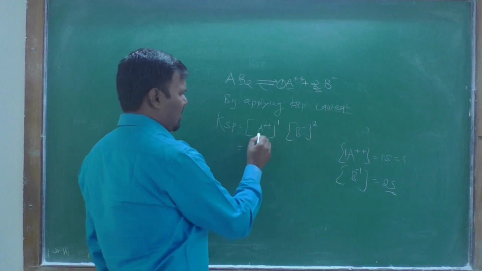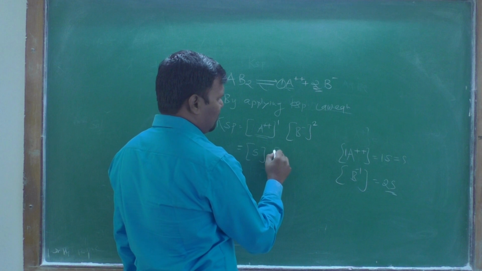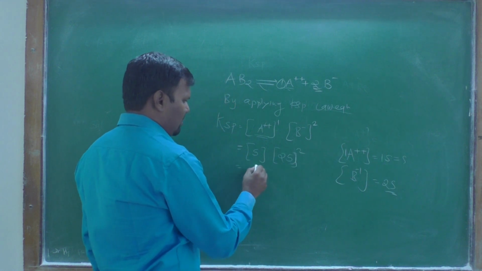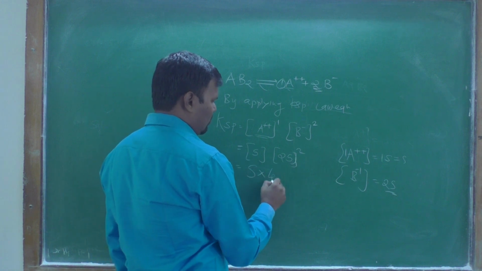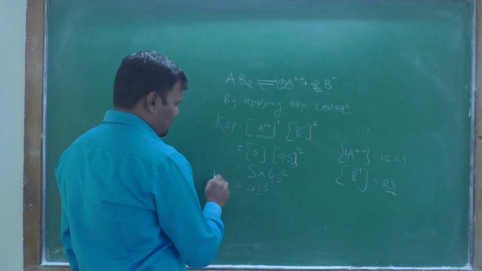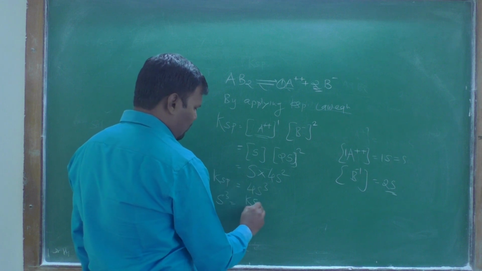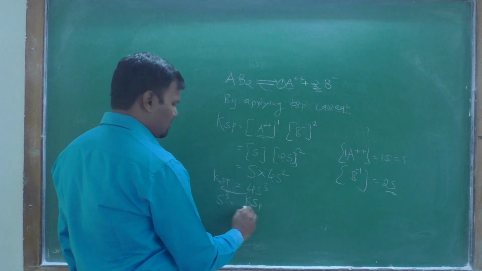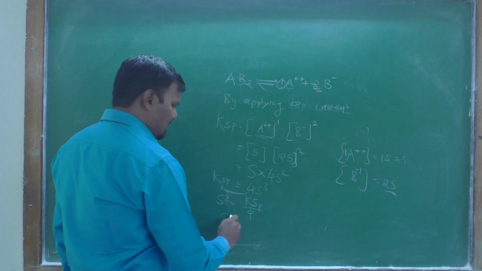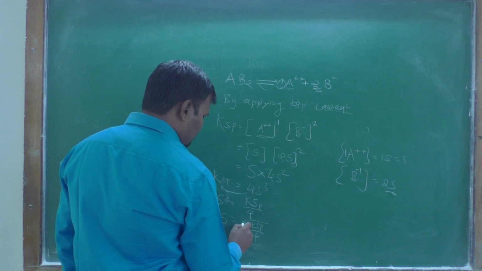By putting this, the solubility of A++ is S and of B- is 2S squared, therefore it is 4 into S square, so 4S cube equals Ksp. S cube is equal to Ksp upon 4, and S is equal to the cube root of Ksp upon 4.